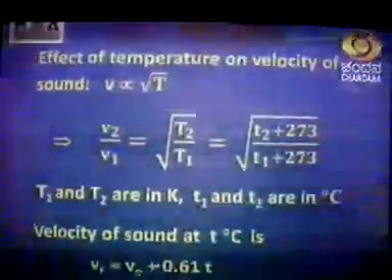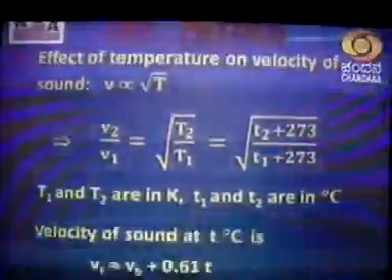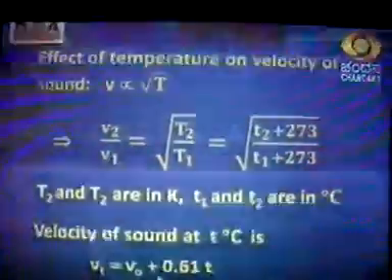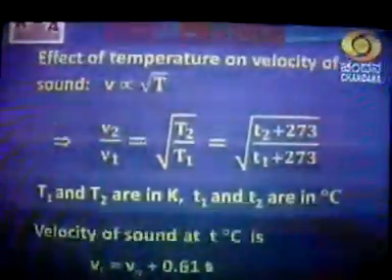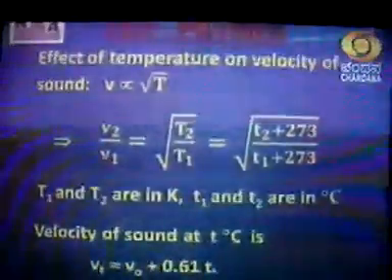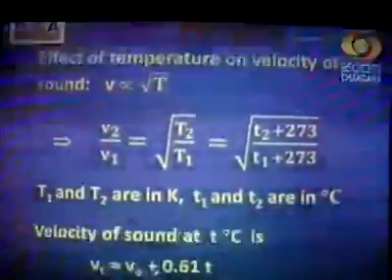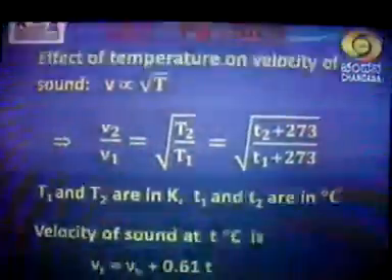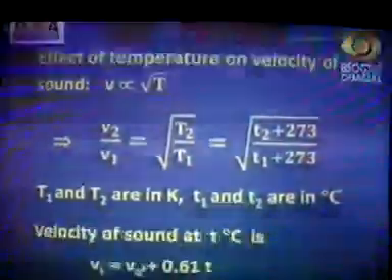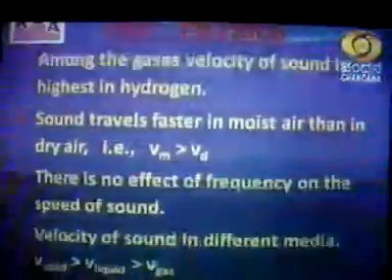That is, the velocity of sound at any temperature is the velocity at 0 degree Celsius plus 0.61 times that temperature, where t is expressed in degrees Celsius. For small values of temperature, we can just add 0.61 times that temperature value to the 0 degree Celsius value of velocity to get the velocity of sound.